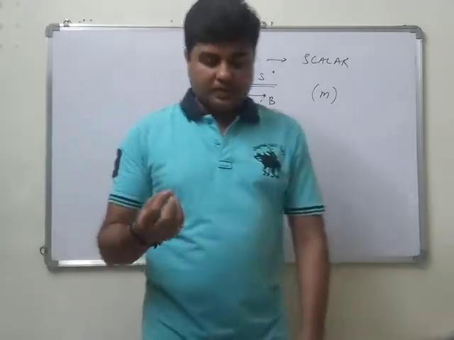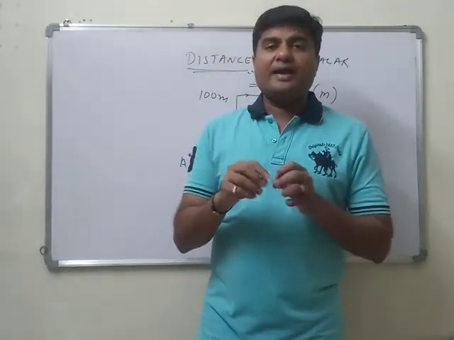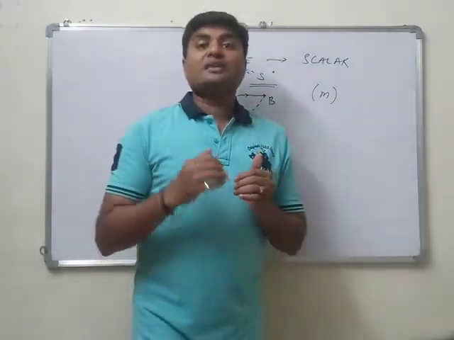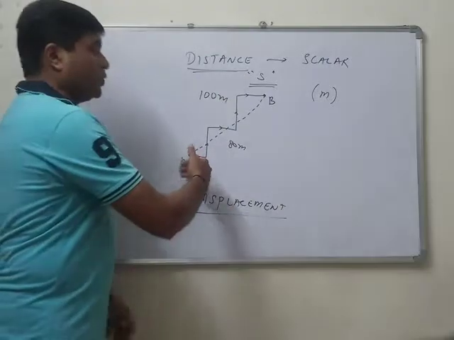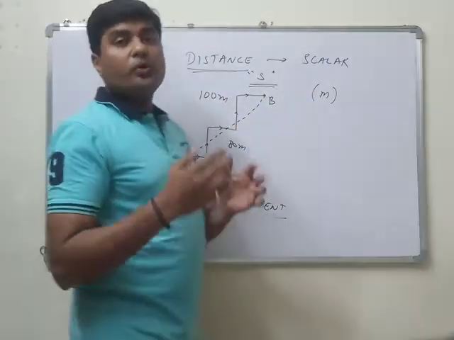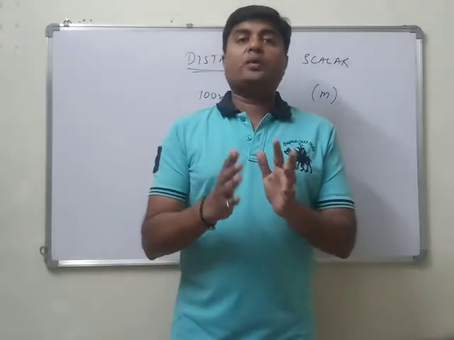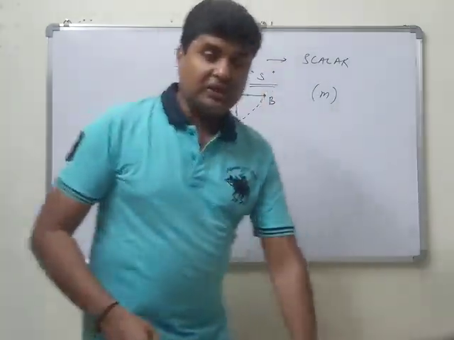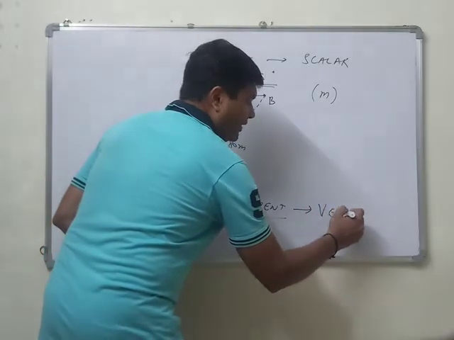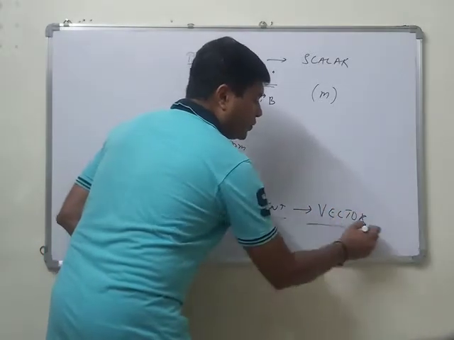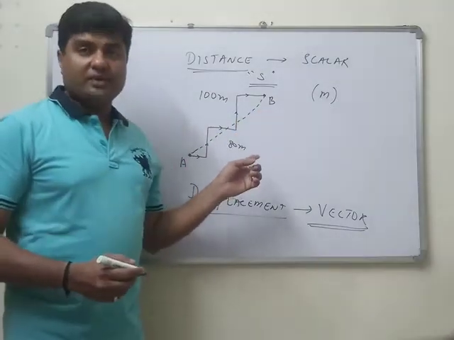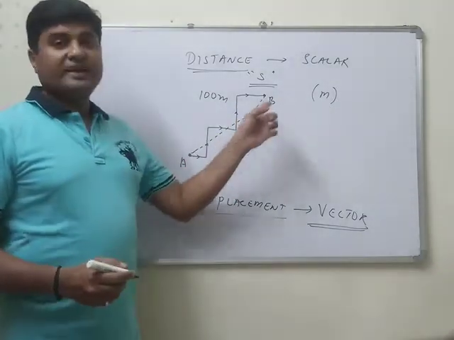If I tell a person standing at A to go 80 meters and he will reach point B, it is not possible, because it is the shortest distance and you don't know whether to go in the north direction or south direction or east, west, wherever it is. So because you don't know the direction, displacement becomes a vector quantity, wherein it is necessary for you to tell in which direction that person needs to travel so that he reaches the destination B.